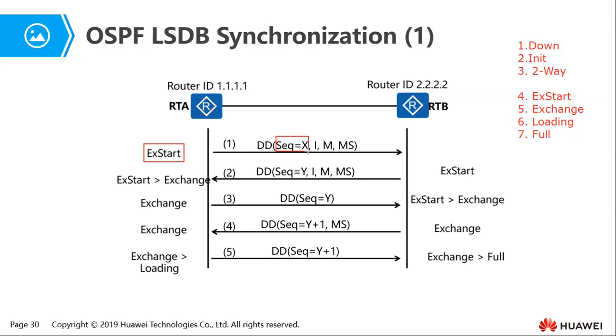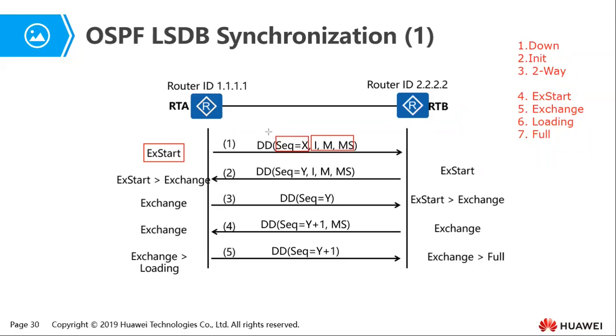So it identifies a sequence number, for example, X. Then it also sets three bits here, the I bit, M bit, and MS bit, to certain values. Majorly at the ExStart state, they determine the initial sequence number and form a master and slave relationship.